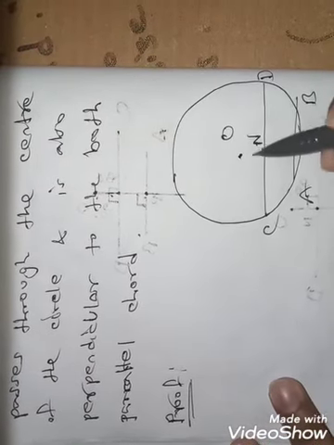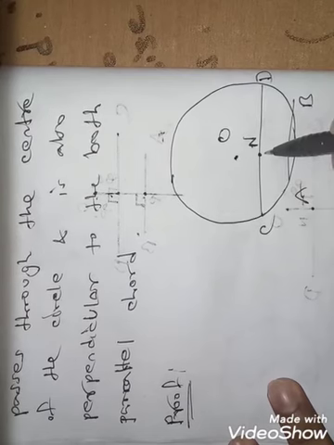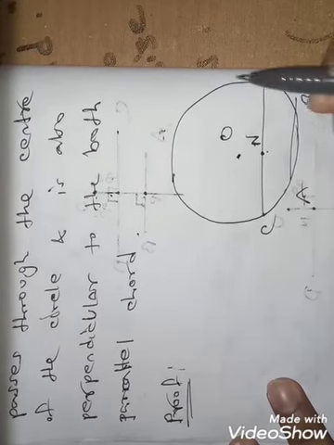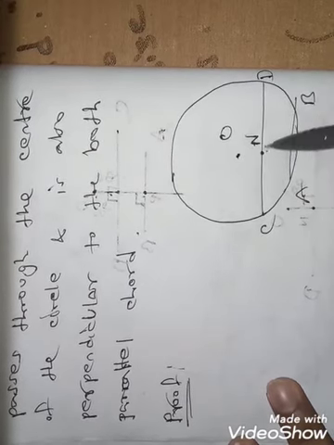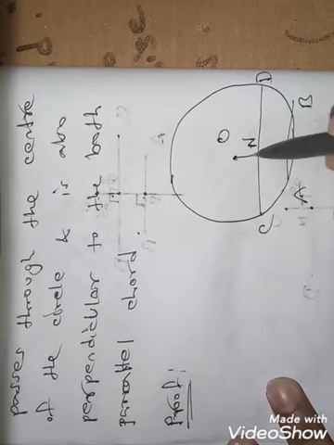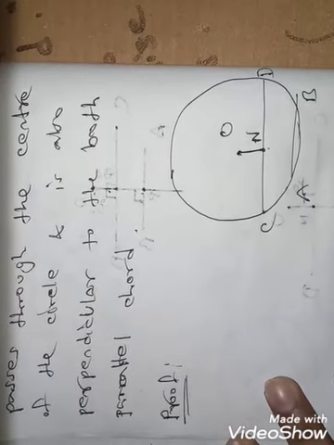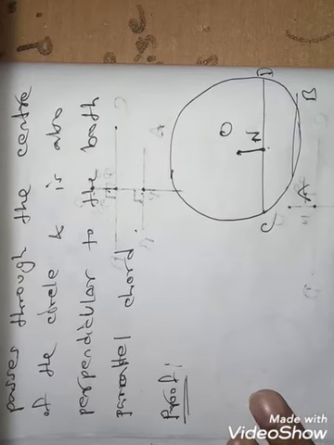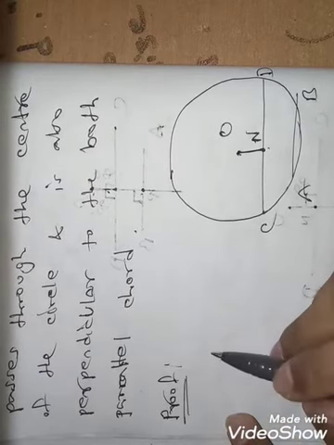First of all, I'm going to join the two points, O and the midpoint N of CD. I have joined it.